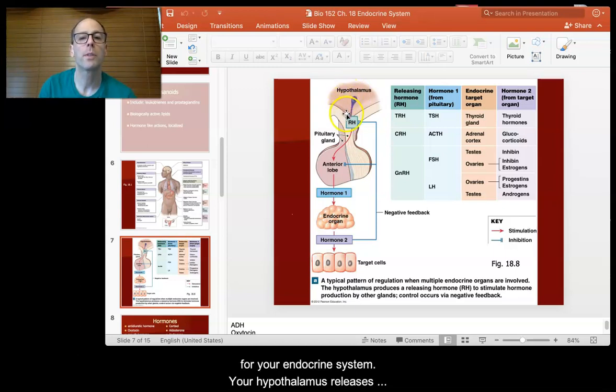Your hypothalamus releases hormones that stimulate other glands. For example, the hypothalamus can release a hormone called thyrotropin releasing hormone, or TRH. That then activates the pituitary gland, which releases thyroid stimulating hormone. And then that thyroid stimulating hormone causes the thyroid gland to release hormone. The target cells for that hormone are all of the cells in the body.